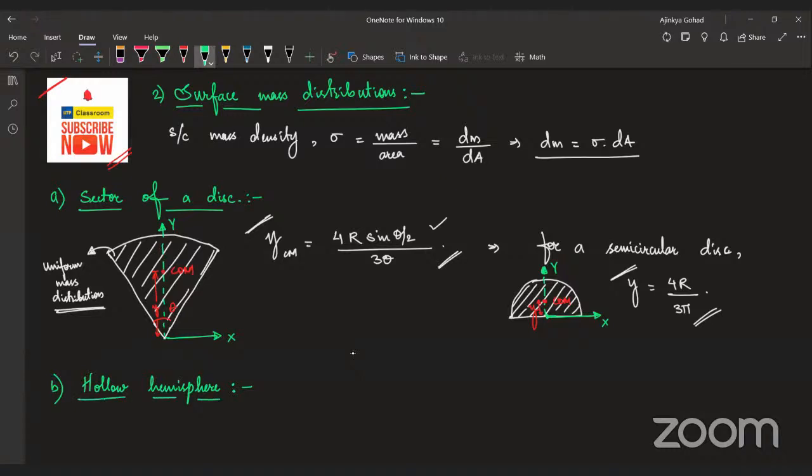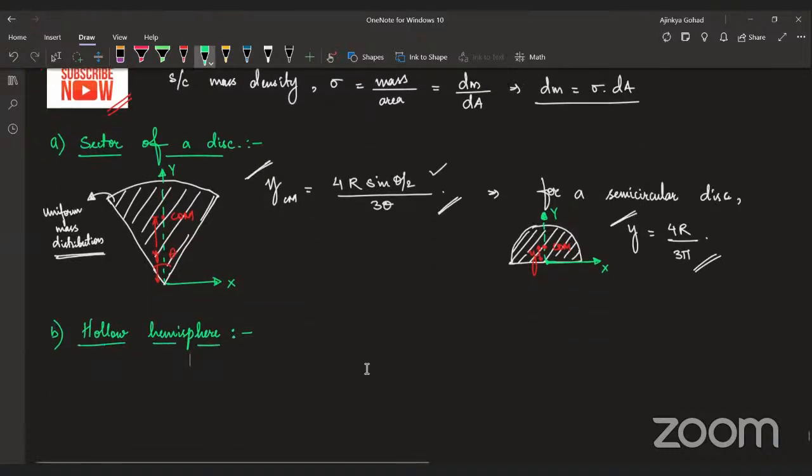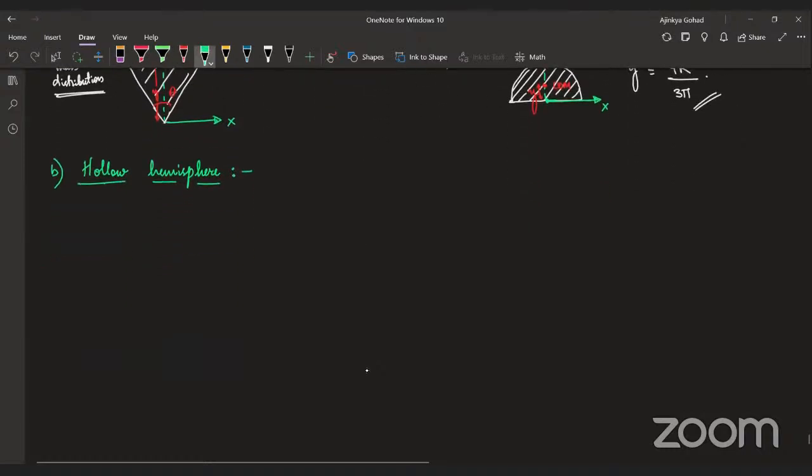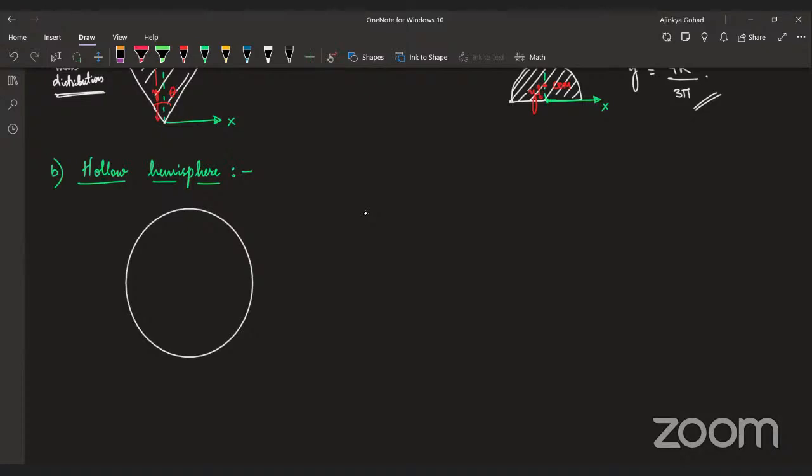It does not make sense to take a complete spherical shell because obviously the center of mass for an entire spherical shell will be at its center. That is why we are taking a hemispherical shell. So this is a hemispherical shell.